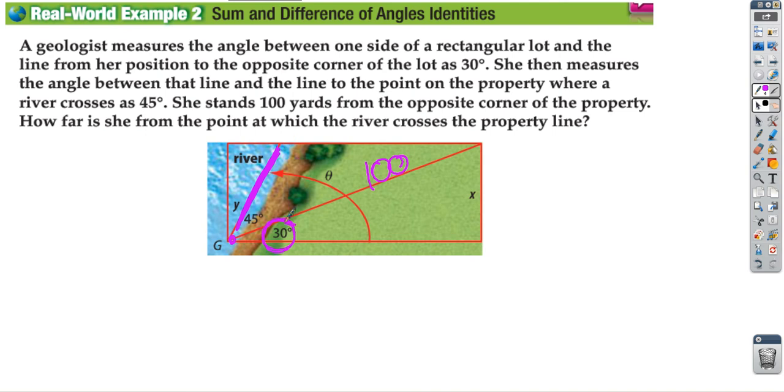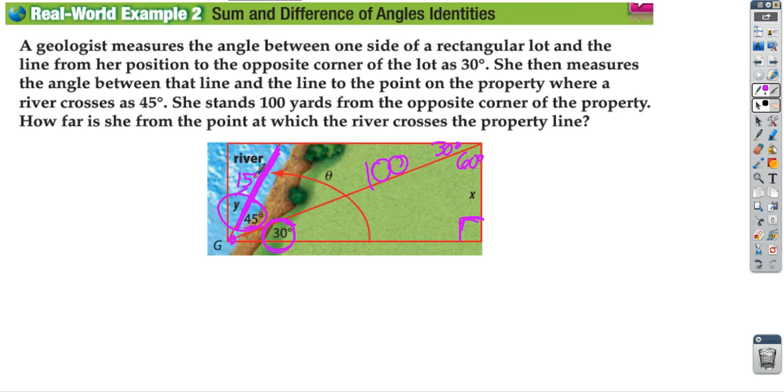So this angle 30 must be the same as this angle, because from geometry, they're what are called alternate interior angles. And since these are all right angles, that means this has to be 60. So since this is 30, this one would have to be 60 as well, and that means since that's 45, that has to be 15 right there. So that angle y right there is 15.